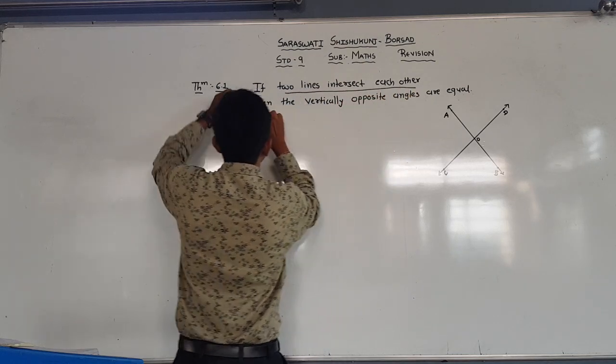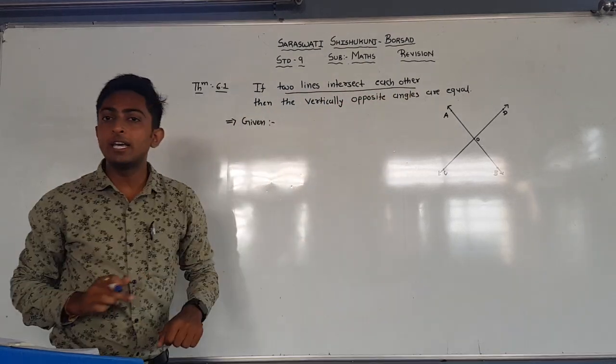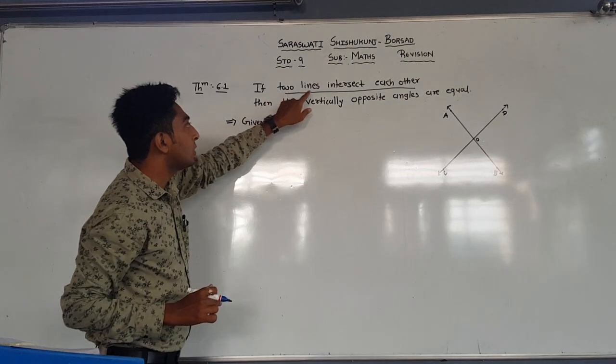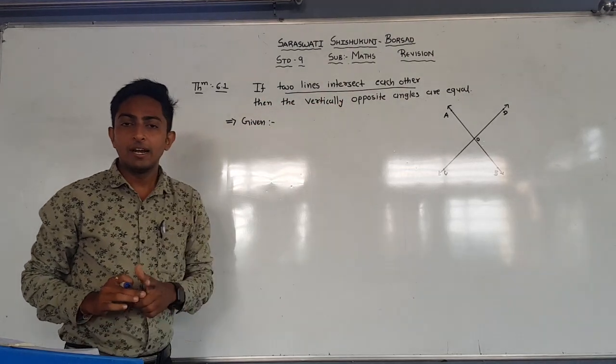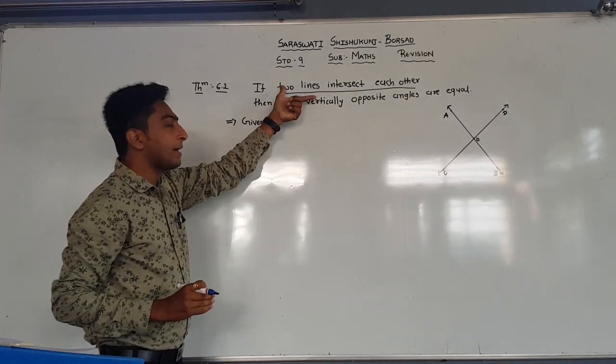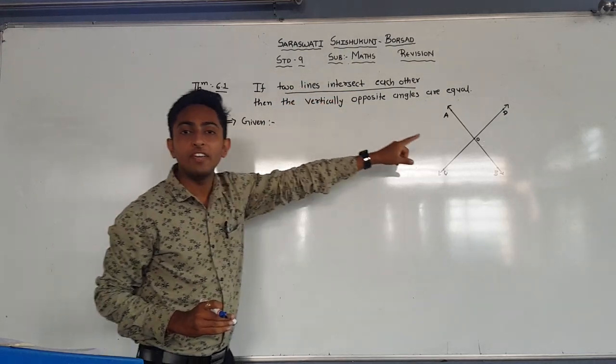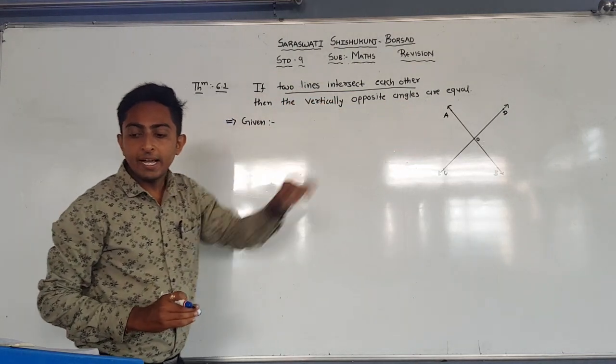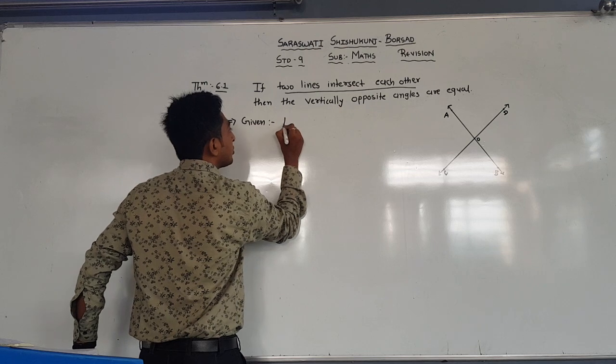The part between "if" and "then" is called the given part. So the given part is: two lines intersect each other. Now we write this statement mathematically from the figure. So we can say that two lines, which two lines?